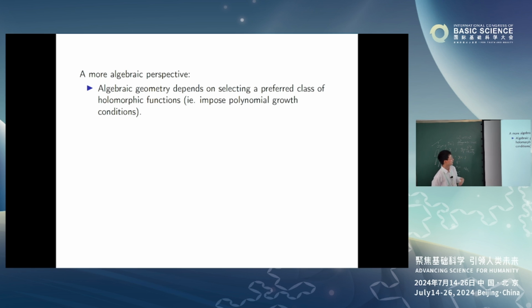So, for instance, one way to think about Cn as an algebraic geometric object is that you have Cn as a complex manifold, plus the fact that you have polynomial growth functions. Now, you can do a similar thing here and ask, on this exotic C3, what are the polynomial growth holomorphic functions.